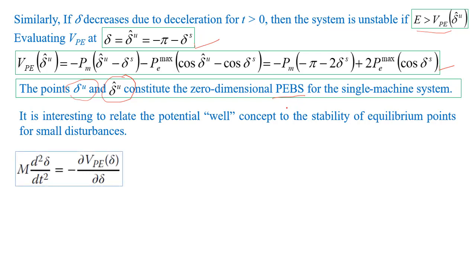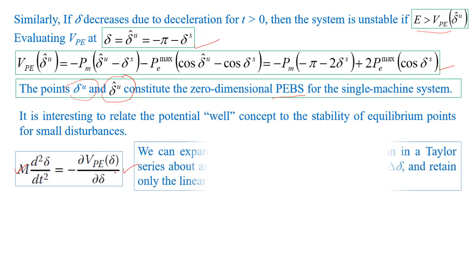So how can we do this? This equation we already know: M d square delta by dt square equals minus d VPE by d delta.